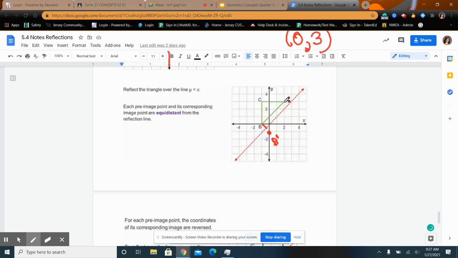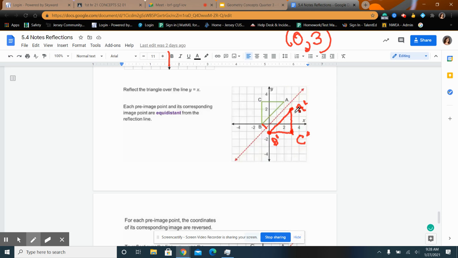You have to go straight diagonal. This went 1. This will have to be A prime. And now C, if I count diagonal, goes 1 full box, 2 full boxes. And I'm pretty confident Tayton would not have done it that way. He would have counted from the other 2 points, which would have been fine. And I could be wrong. But when you draw it, it is very clear you reflected it over that diagonal line and it looks good.